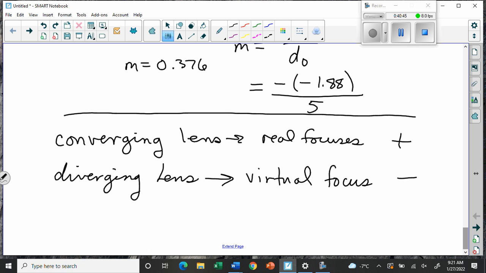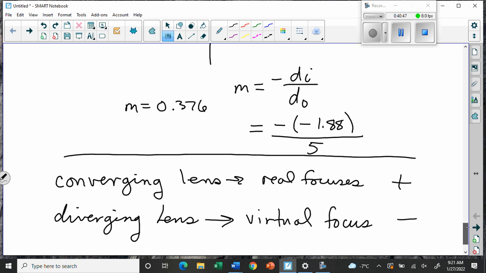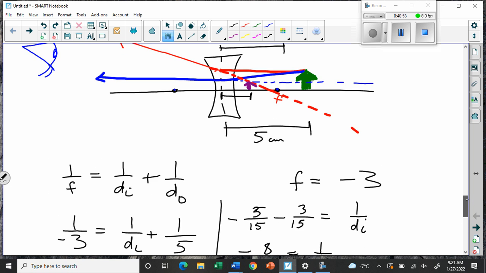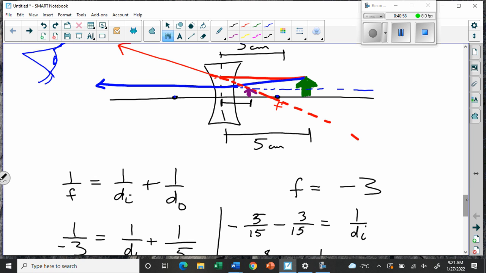Now, what's interesting is the DI part. The DI kind of worked itself out in every one of our examples, right? For the diverging lens, the DI is always going to be negative because there's no way to get a real image in a diverging lens because it never converges real light. So it's always going to be a virtual image.